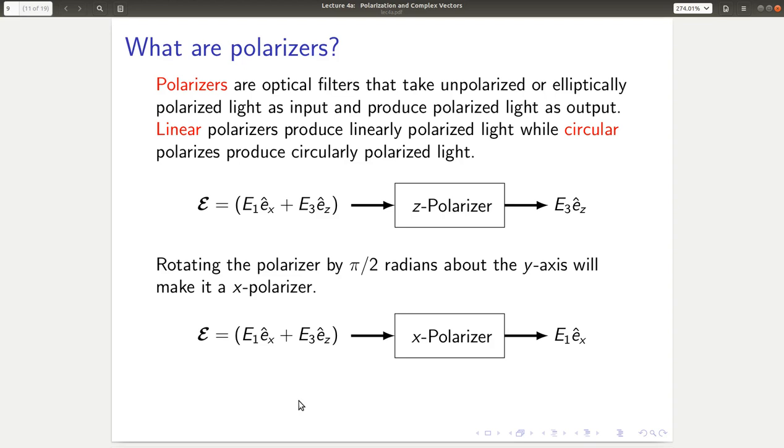They take unpolarized or elliptically polarized light as input and produce polarized light as output. So linear polarizers produce linearly polarized light, while circular polarizers produce circularly polarized light. For the rest of our discussion, we will stick to linear polarizers. Not that we couldn't have worked with circular ones, but for ease of presentation, we'll stick to linear polarizers.